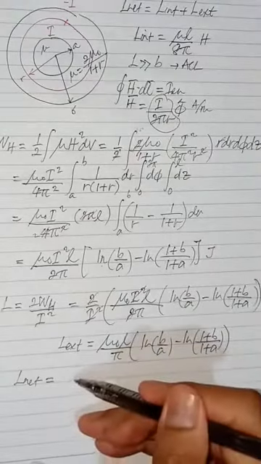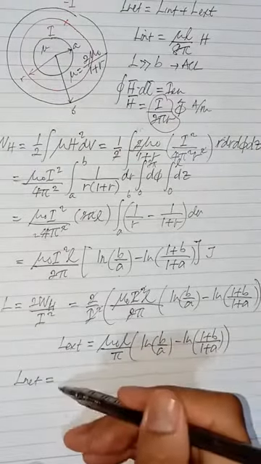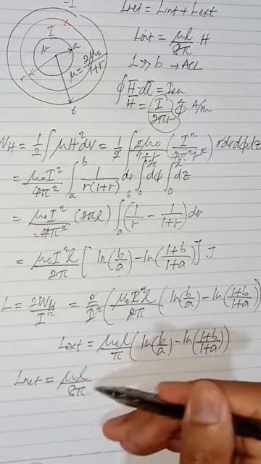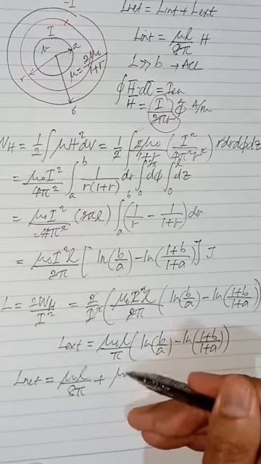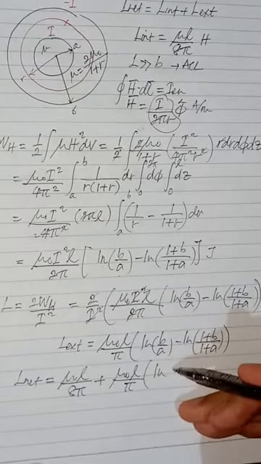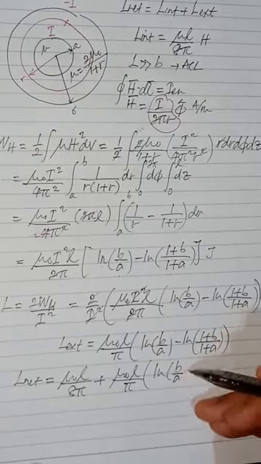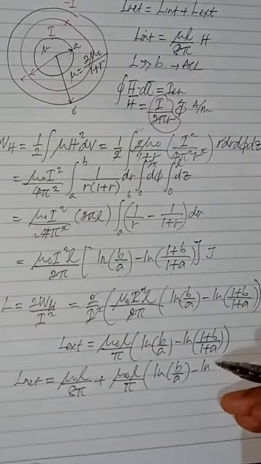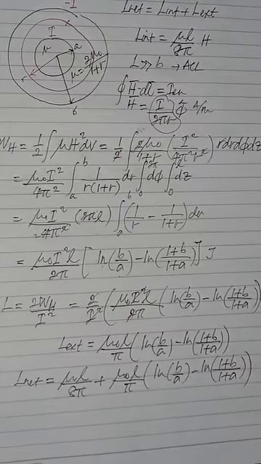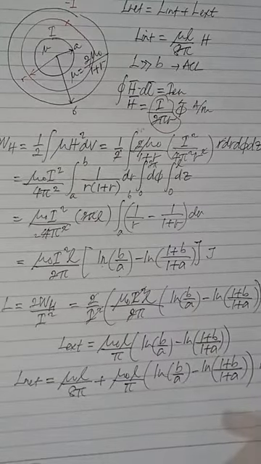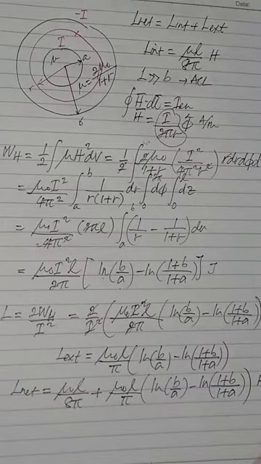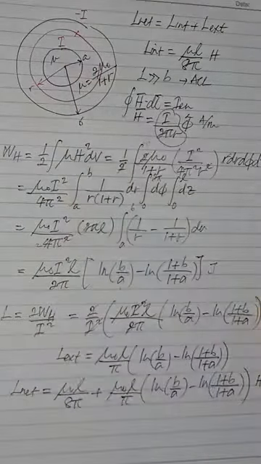Now we're going to have here mu L over 8 pi plus mu naught L over pi, times ln B over A minus ln 1 plus B over 1 plus A, in Henry. Okay guys, so this is the final expression of the total inductance due to the coaxial cable.